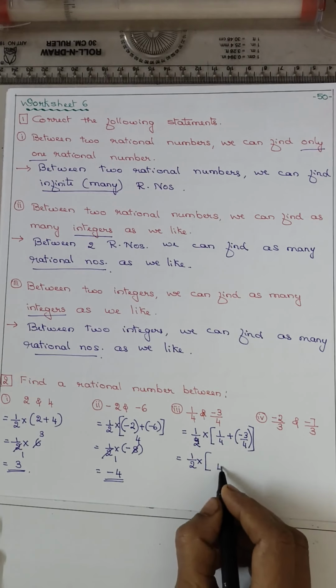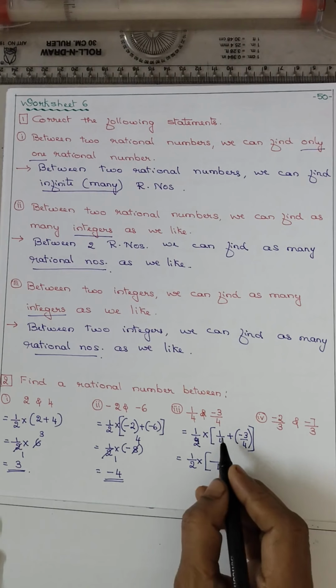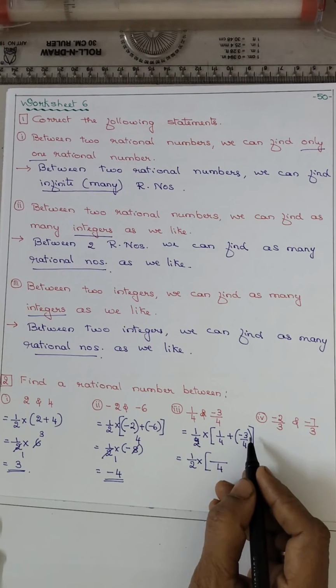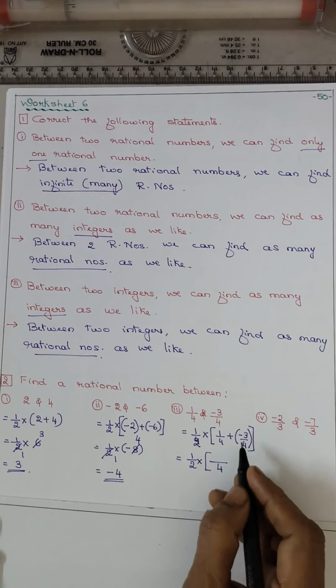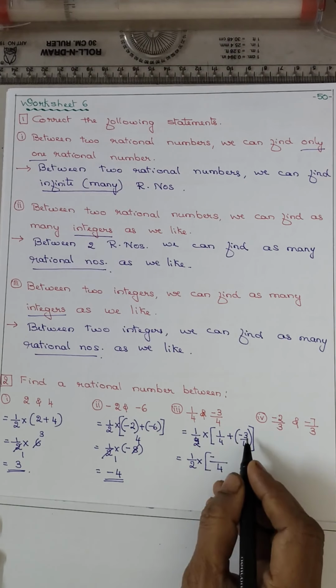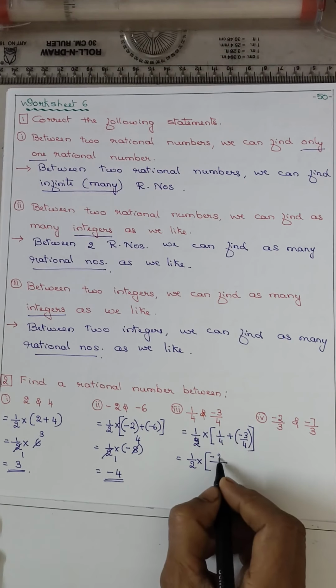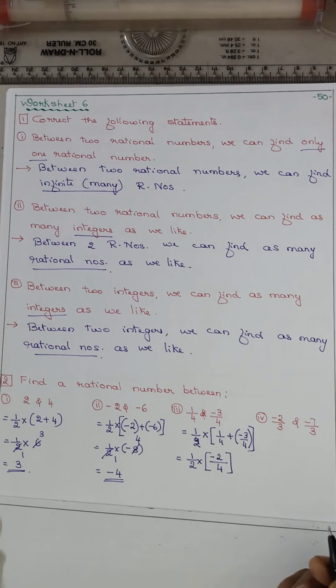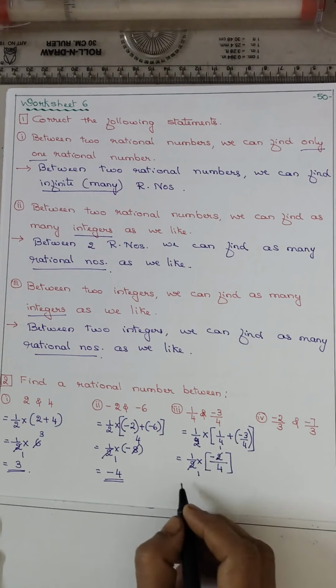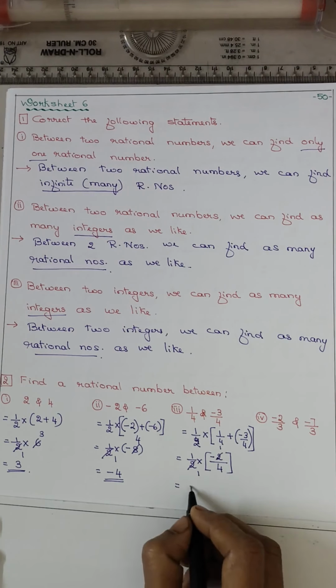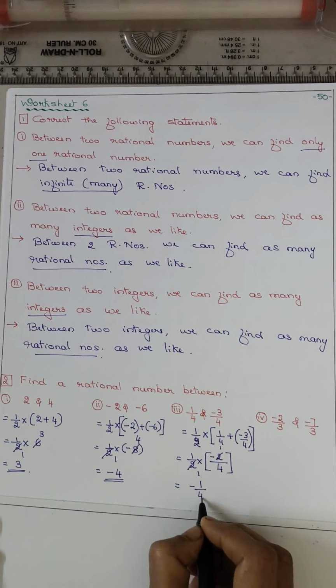So denominator is 4. 1 minus 3. Different signs. You have to subtract, but the sign will be minus. 3 minus 1 is 2. 2 by 4. 2 ones are 2, 2 twos are 4. So answer will be minus 1 by 4.